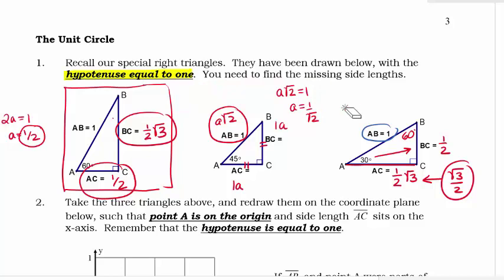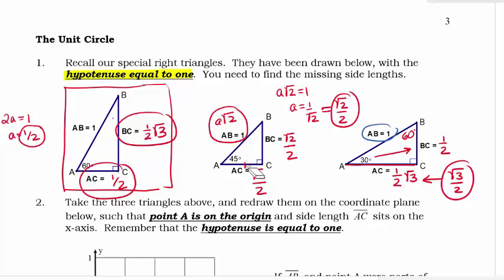But we have that rule, we're not supposed to have radicals in the denominator, so we need to rewrite that as square root of 2 over 2. So this is going to be our AC, or our 1a. A equals root 2 over 2. Okay, same with this. BC equals root 2 over 2.